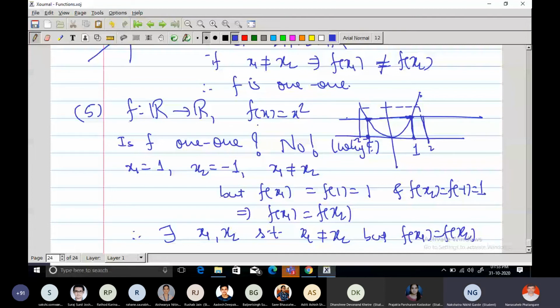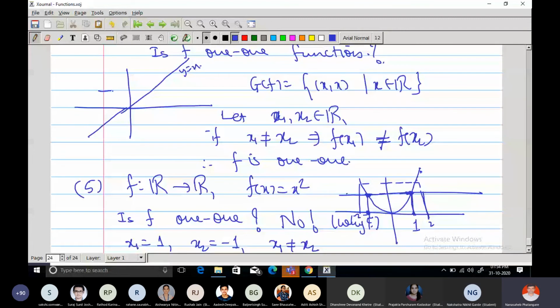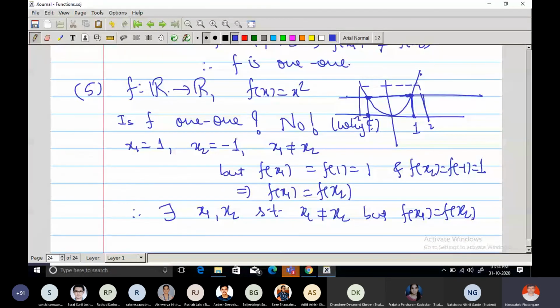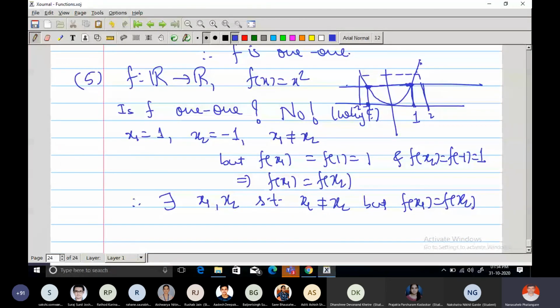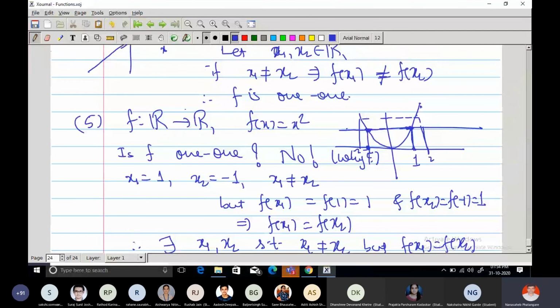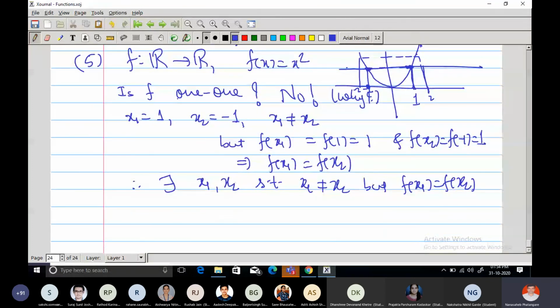But in the case of y is equal to x, if you draw a horizontal line it intersects at only one point, and therefore the corresponding point is only one for this height, because the y coordinate is a height. If you get the same height for two distinct points, that means these two distinct points have the same value, same height, right? But that is not happening in the case of y is equal to x. Is it clear? Do you understand what I want to say?